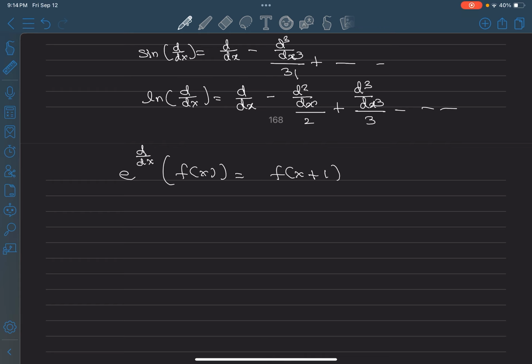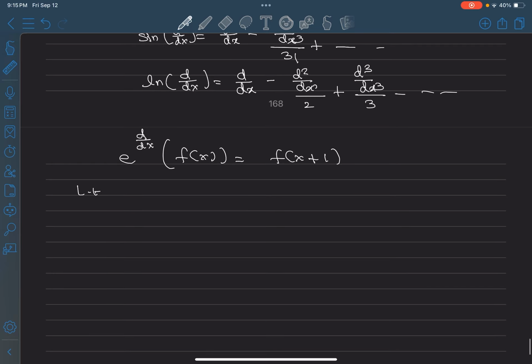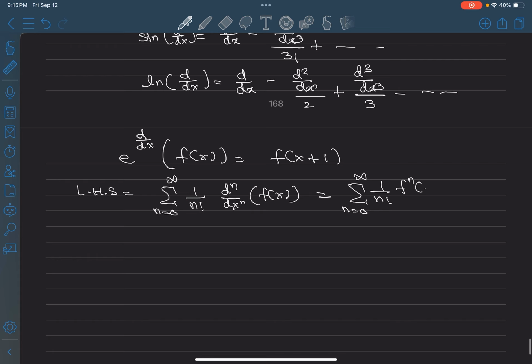We know this LHS is defined as the sum from n equals 0 to infinity of 1 over n factorial times the nth derivative of f of x. So we want to prove that this equals f of x plus 1.